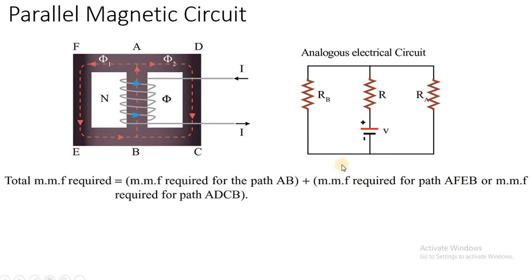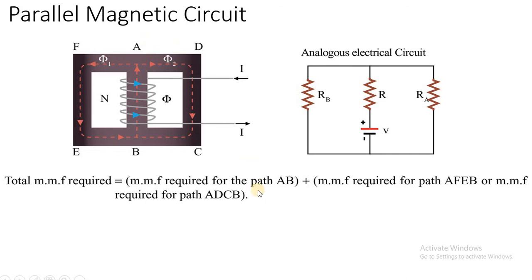When I add these two MMFs, the MMF of the AB path and the MMF of AFEB, I'll get the total MMF. Or the second equation for total MMF: the MMF required for the middle branch AB plus the MMF of ADCB gives the total MMF.